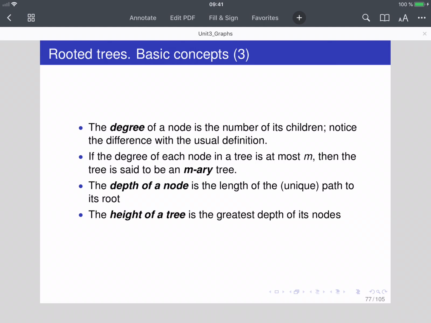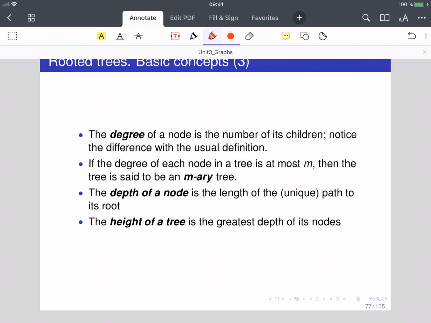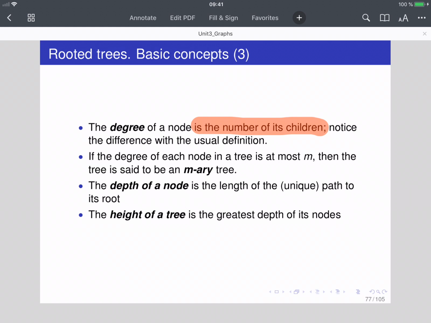So when we talk about degree in a rooted tree, we are talking about the number of children. The degree as we have defined it up to this point would be the number of children plus the parent if the node is not the root. So be careful because here the degree is 1 unit less.